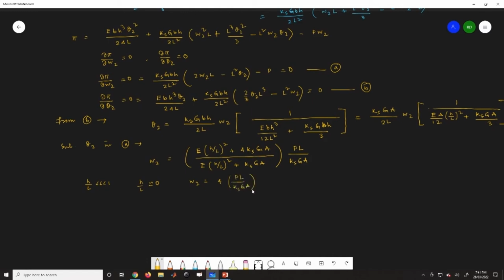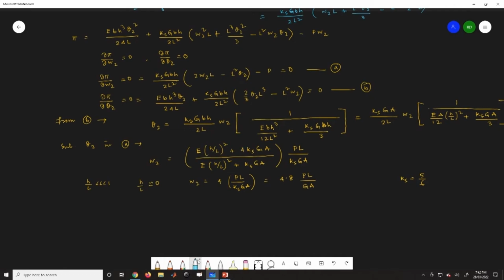KsGA. If I take Ks as 5 by 6, that is a rectangular beam, then this will look like 4.8 PL by GA. So if you look, this deformation is not at all a bending deformation, because the bending contribution actually goes to 0.